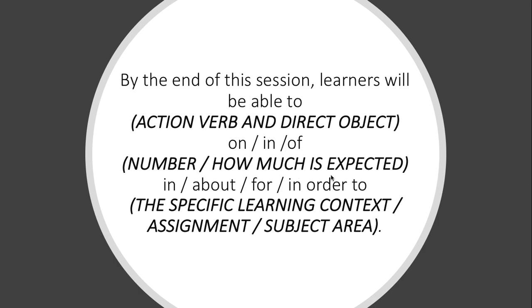Here we'll use a number or how much. In, about, for, in order to, and then here's our specific assignment, subject area, learning context. So this is a sort of template that you can use for writing your outcomes. You just use the words provided and then you plug in the information that you need to.